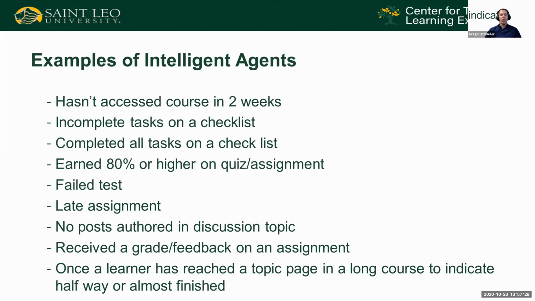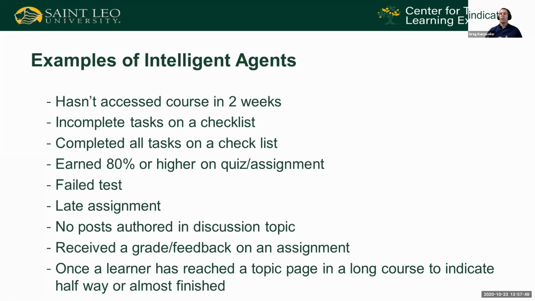Late assignments, no posts authored in a discussion topic, received grade feedback on an assignment. Once this learner has reached a topic page in a long course, indicated halfway through or almost finished.